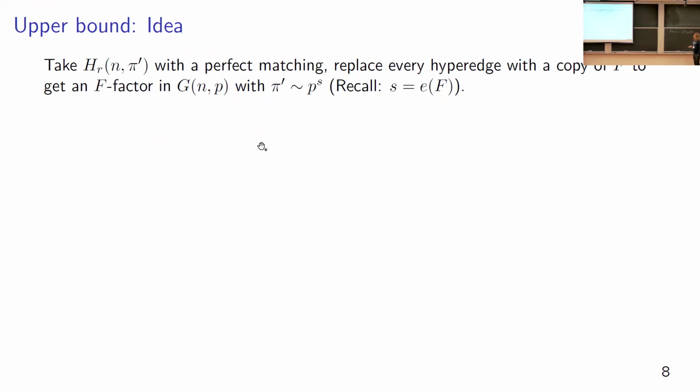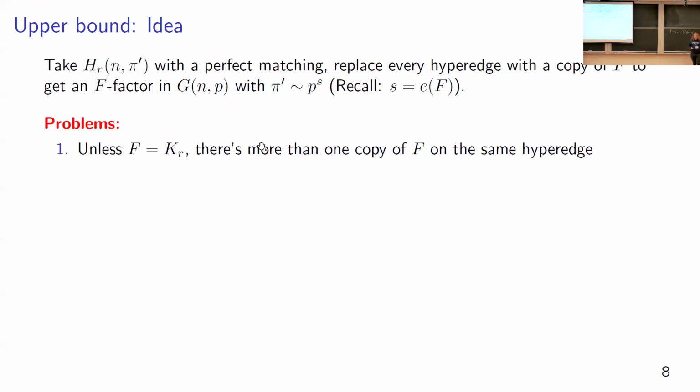And yeah, there are some problems here why this idea, as it's stated, cannot work. First of all, unless I'm looking specifically at complete graphs, I have more than one copy of a graph on a given vertex set. How do I know which one to use?